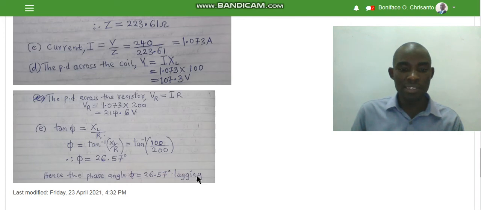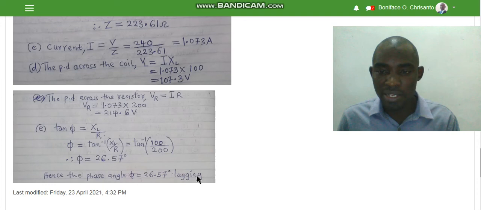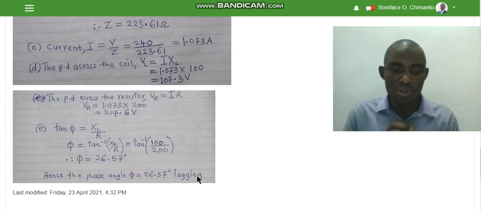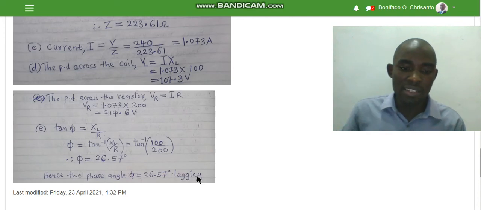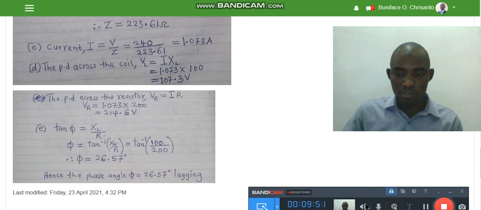If it is a capacitor, we say the angle is leading, because we expect in a capacitor the current to lead. So that word is always mentioned with reference to the current. Is the current leading? Is the current lagging? That is what is expected of you whenever you handle these questions.